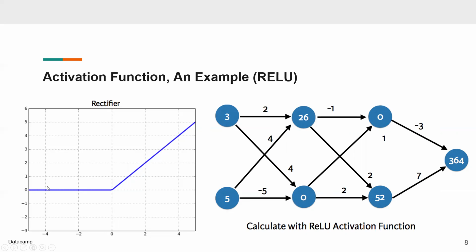And just because we're leveraging this function, because negative 13 is less than or equal to 0, it becomes 0, so that this node becomes 0. So on and so forth, so that you would be able to predict the number of transactions in this example.